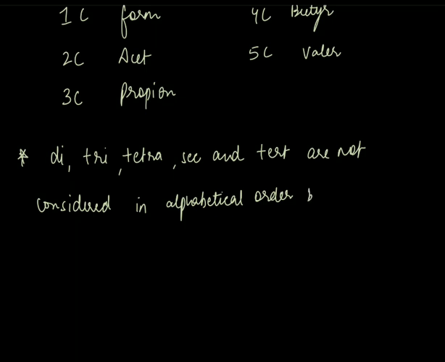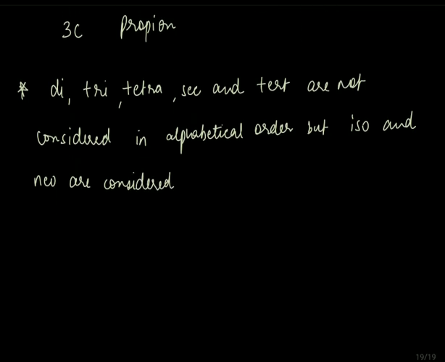But iso and neo are considered. Obviously iso and neo will never come in IUPAC, they will only come in common names. So alphabetical order is considered for iso and neo, but not for these, whether in IUPAC or common terminology. Obviously, secondary and tert are common terminology, while di, tri, tetra can be there in IUPAC.